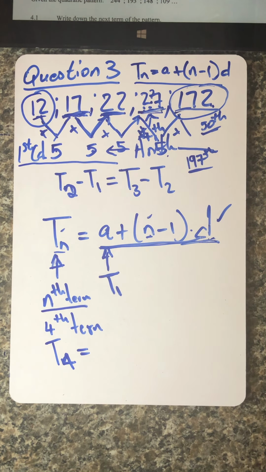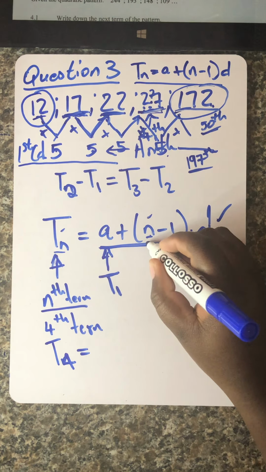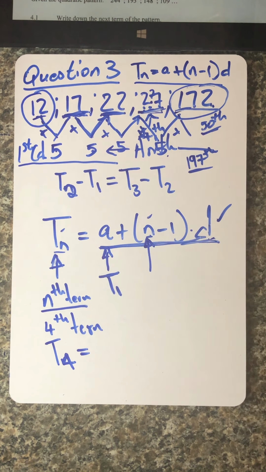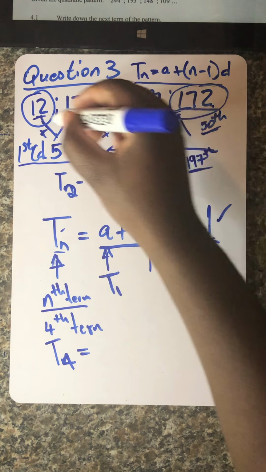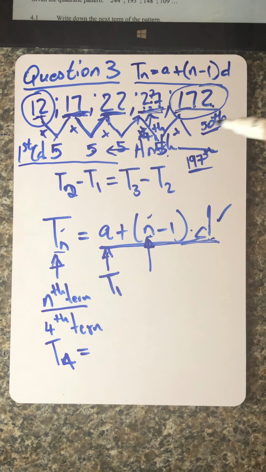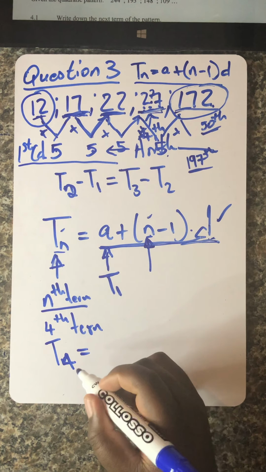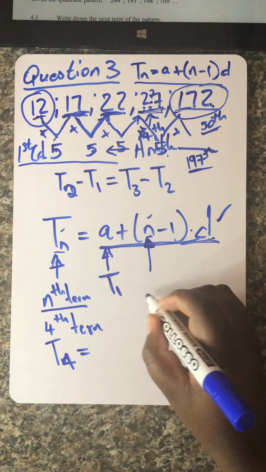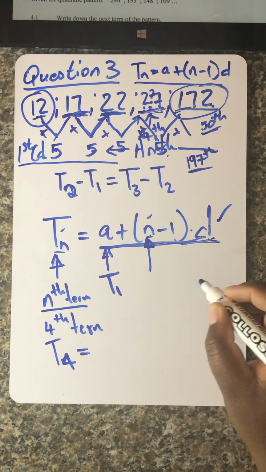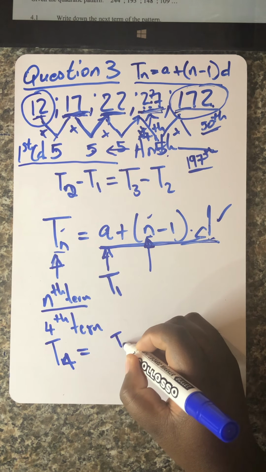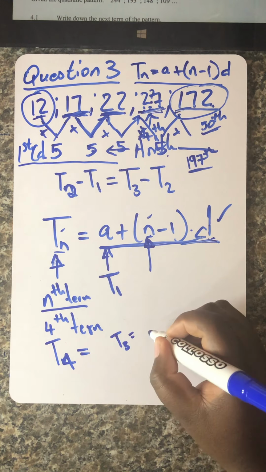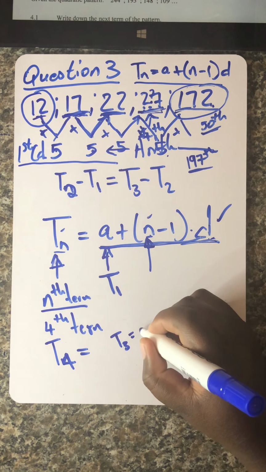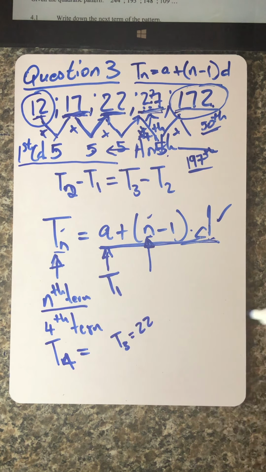So, ladies and gentlemen, I've already explained what A refers to. So now let's talk about N. N, guys, is the number on that pattern. For example, term number 3 on that pattern equals 22.